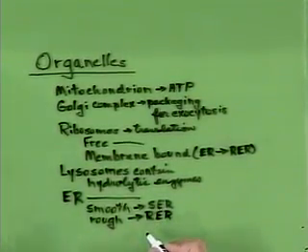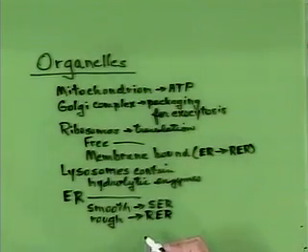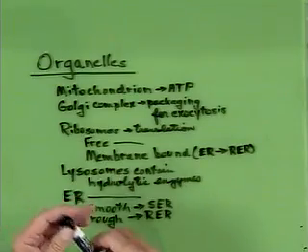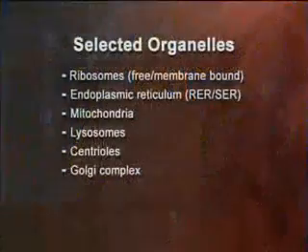Now we could go on, but there are a whole lot of other organelles as well, and we're not going to list them all. But the idea is that cells contain numerous subparts called organelles. Each one has a specific functional role within the cell, and organelle means little tiny organ, is the implication. Let's take a look at a graphic that summarizes the organelles that we just talked about.